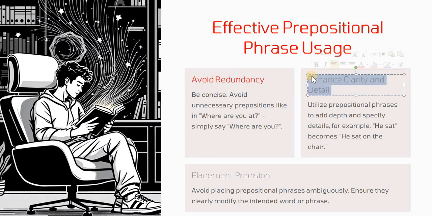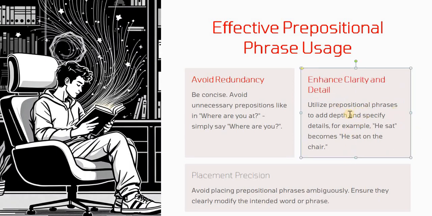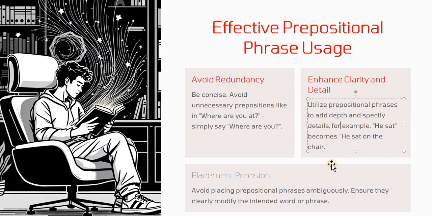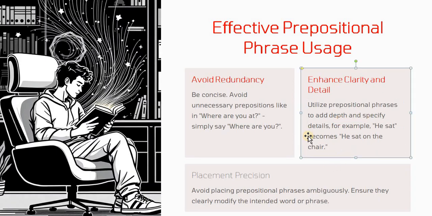If someone asks you what the importance of a preposition is, you can say it enhances and provides clarity. Utilize prepositional phrases to add depth and specify detail. For example, "He sat on the chair." So "on the chair" enhances clarity and detail, and people can understand what you mean to say. So prepositional phrases are important for clarity.